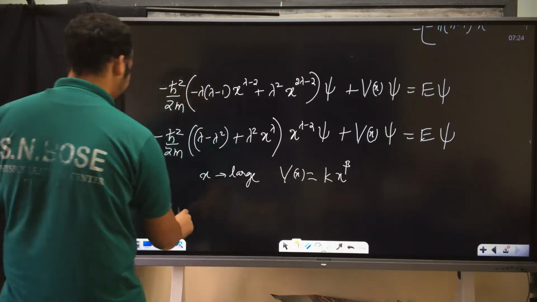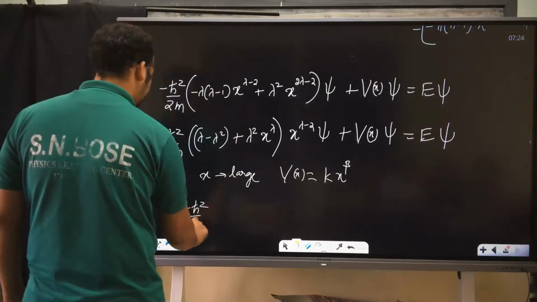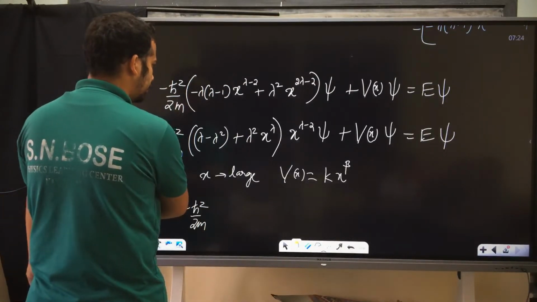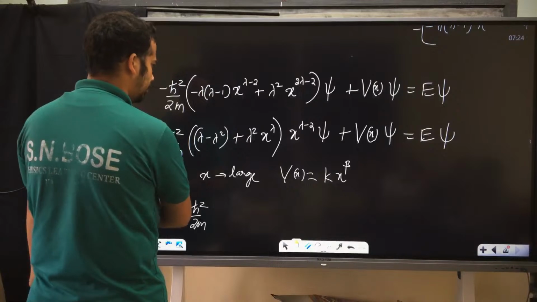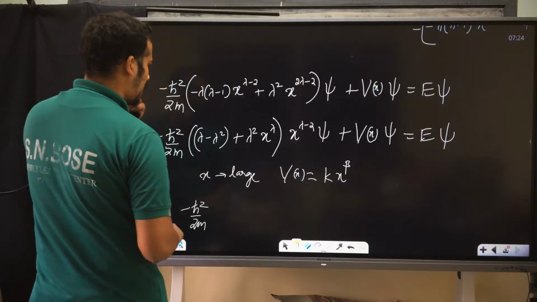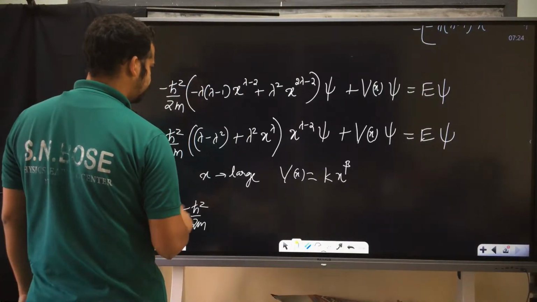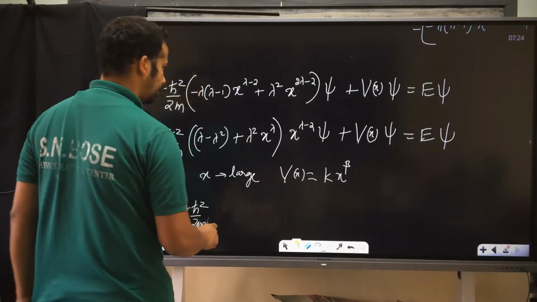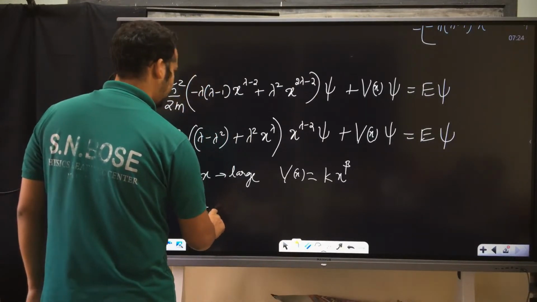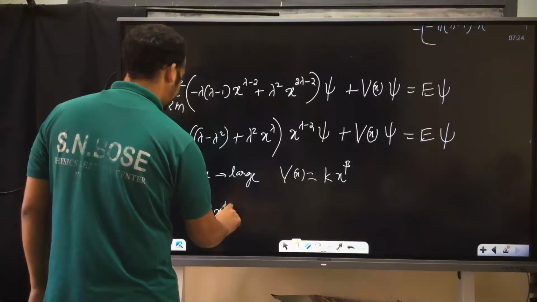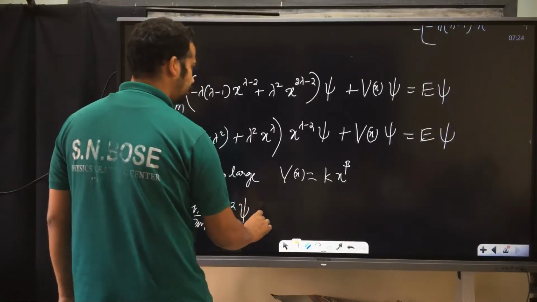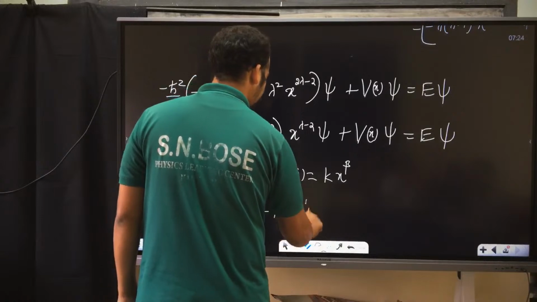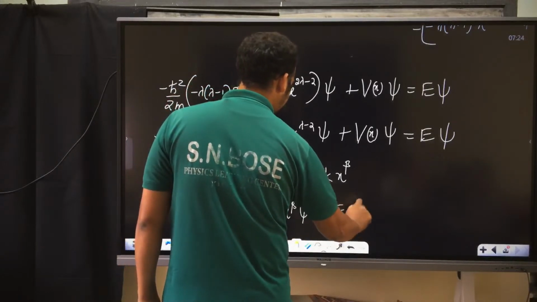So minus h bar square by 2m x power lambda minus 2 psi, plus k x power beta psi, that's equal to e into psi.